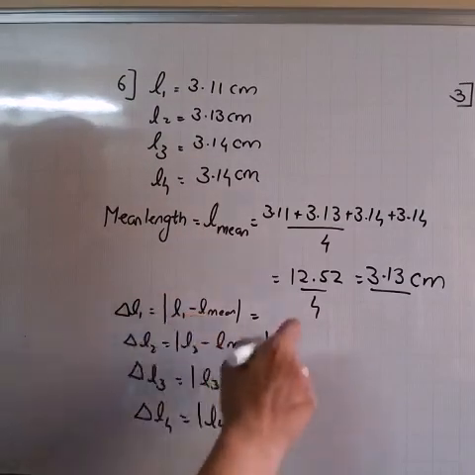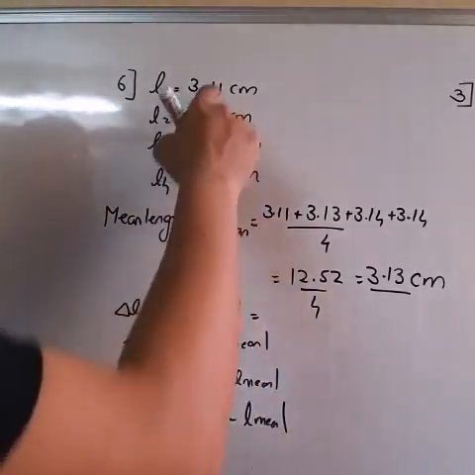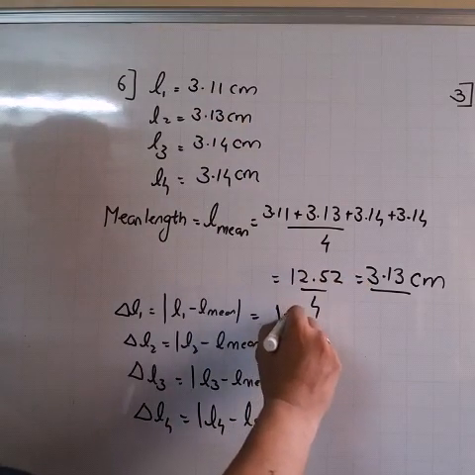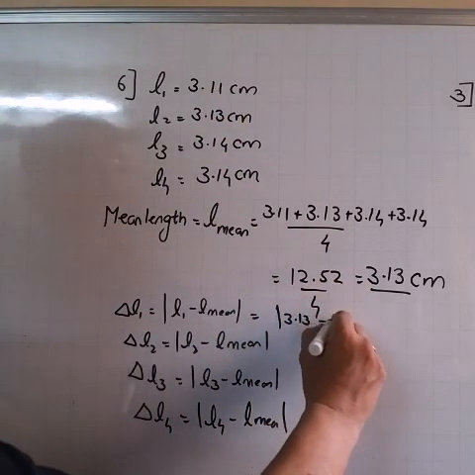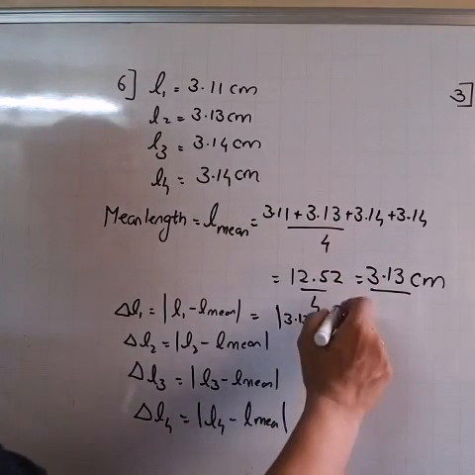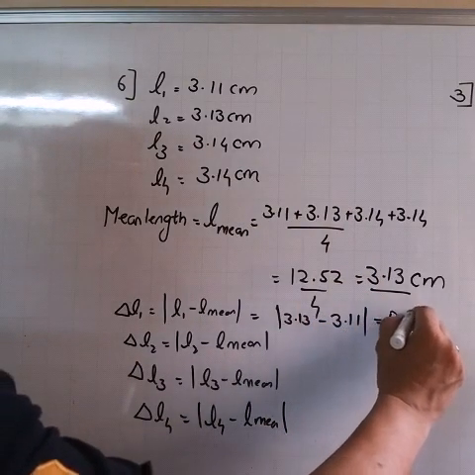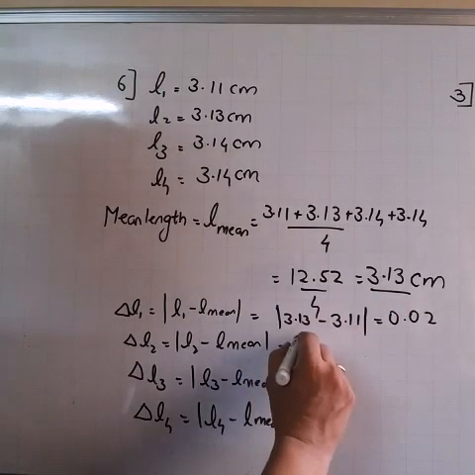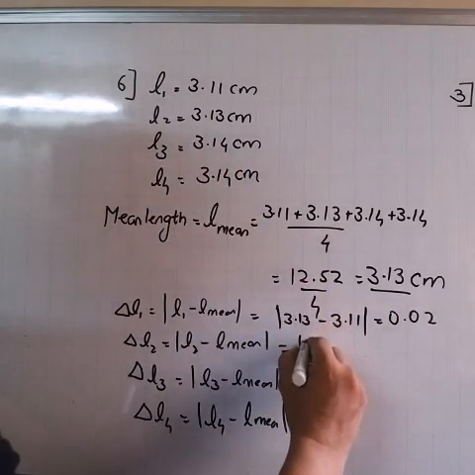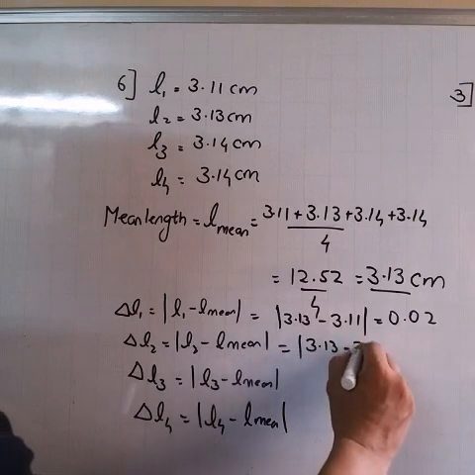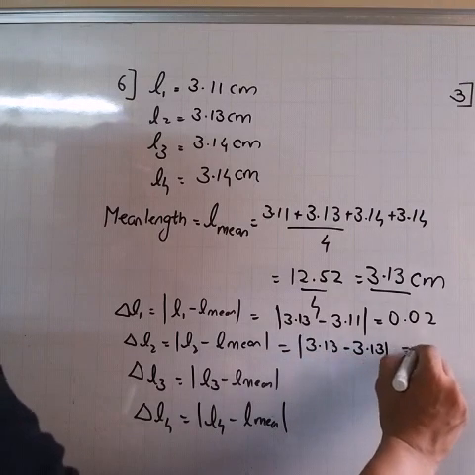The first is 3.13 minus 3.11, which comes out to be 0.02. In the second case, 3.13 minus 3.13 comes out to be 0.